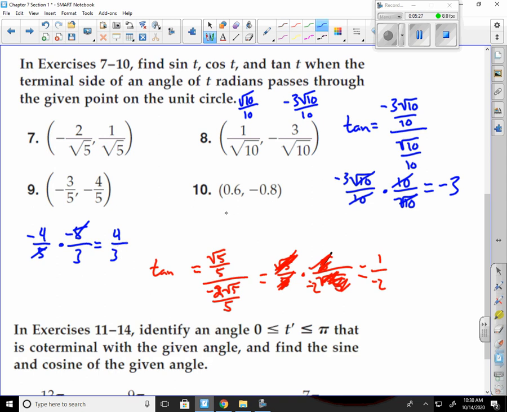Then number 10, cosine is 0.6, sine is negative 0.8. If I do negative 0.8 over 0.6, I can cross my decimals out here. Gives me negative 8 over 6, which is just equal to negative 4/3.